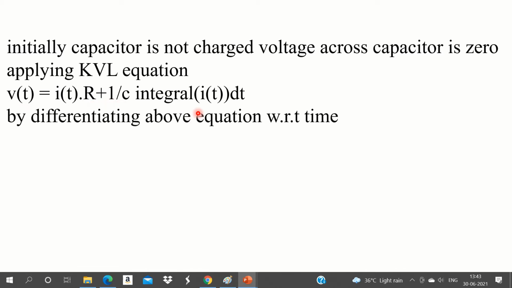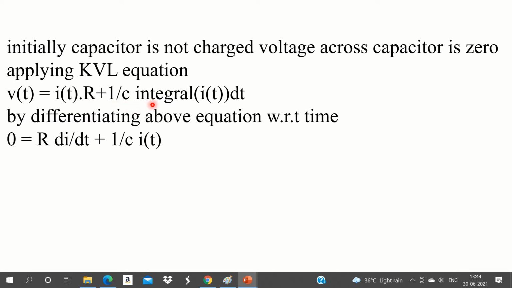By differentiating the above equation with respect to time, since it is a DC voltage source, it cannot vary with time, so differentiating with respect to time we get 0. I of t is differentiated to di by dt. R is a constant because resistance is a constant. 1 by C is a constant.